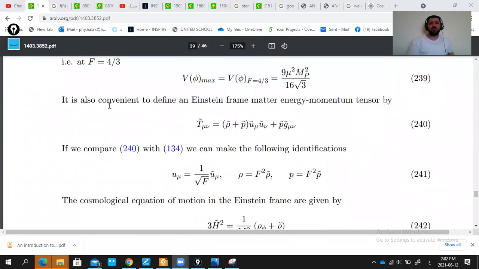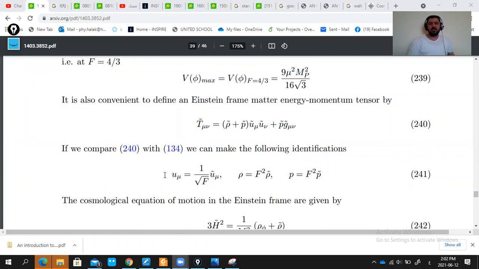Now here it's also convenient to define the Einstein frame matter energy momentum tensor, defined by this. And now we have that mu will be 1 over F mu, and of course why? Because there's a derivative with respect to the time.